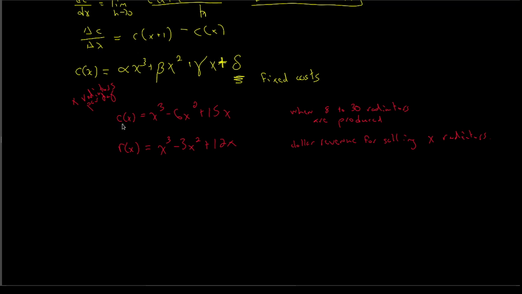And so the cost of producing one more per day, we'll take the derivative of c of x. So 3x squared, right? We bring the power down and multiply it out front, bring the power down, and this drops it down to a constant. And so the cost of producing one more per day when 10 are produced, we'll drop in 10 here.